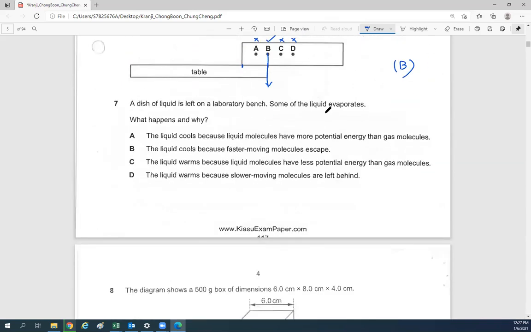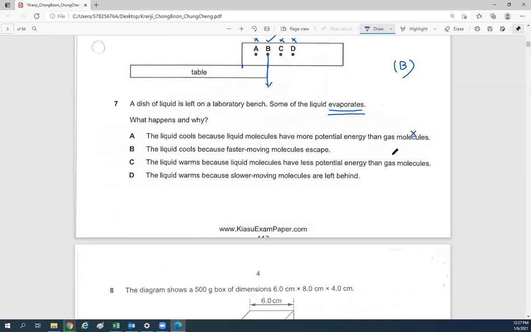Okay, so next we go on to evaporation. Okay, evaporation. Why does evaporation occur? Evaporation occurs because the liquid cools, because liquid molecules have more potential energy than gas molecules.